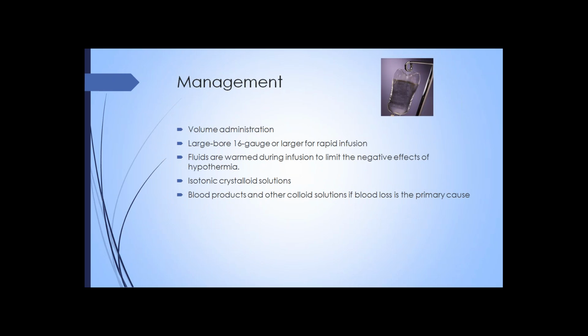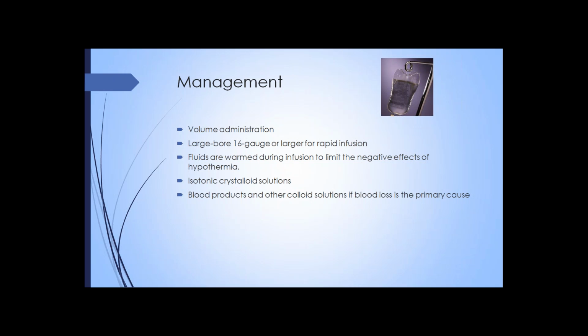So how do we manage these patients? Okay, so because it's hypovolemic shock, you're going to treat this one with volume. But the reality is that any shock is originally treated with volume. You've got to save their life before you can do anything else. So, especially with hypovolemia, we are going to administer a lot of volume.